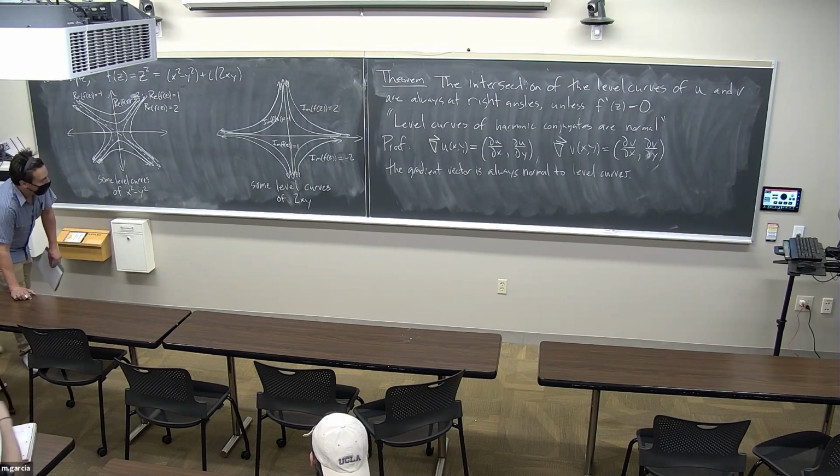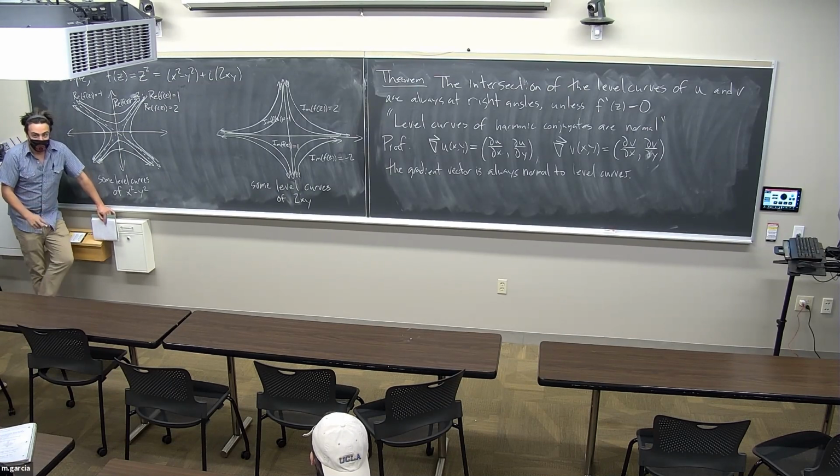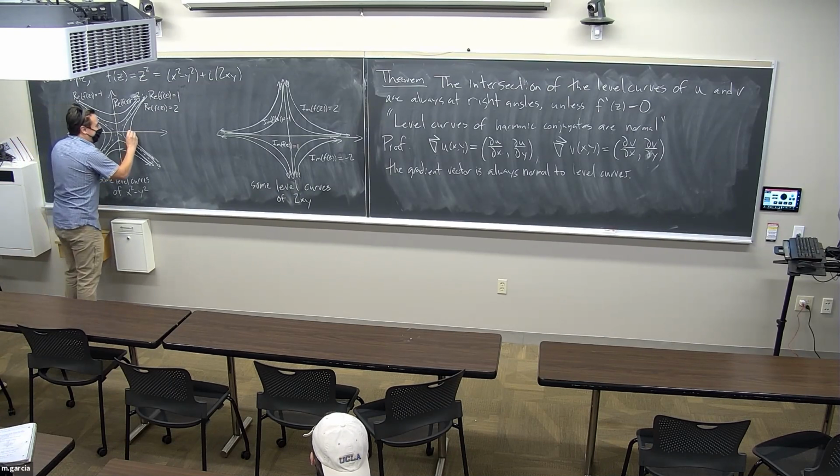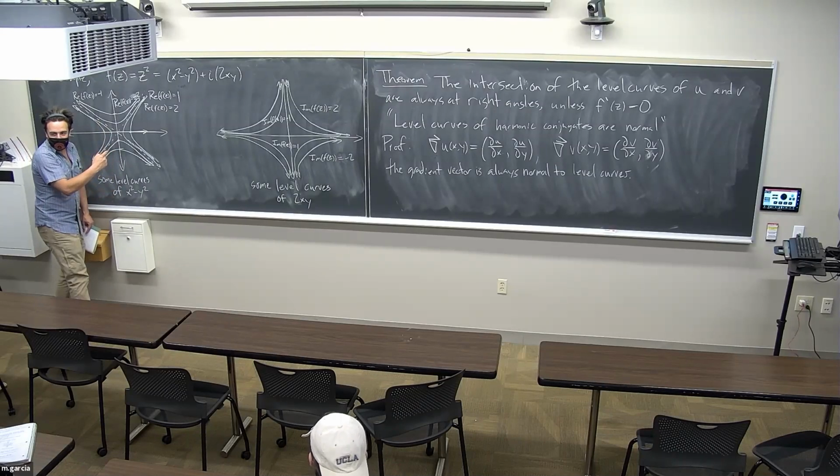Yeah, that's completely correct. However, if we want to generalize that to arbitrary dimensions, what we do is we take the gradient vector, which points in this direction, and look at the vector that's perpendicular to the gradient vector.